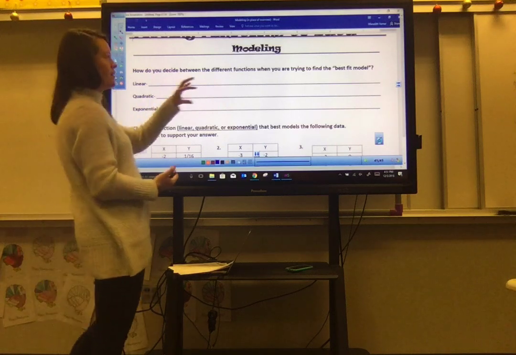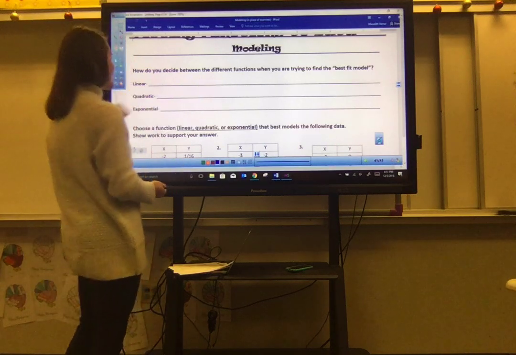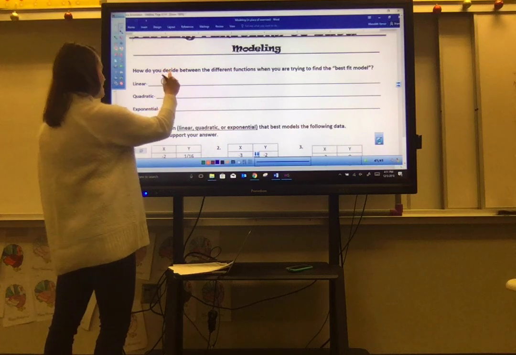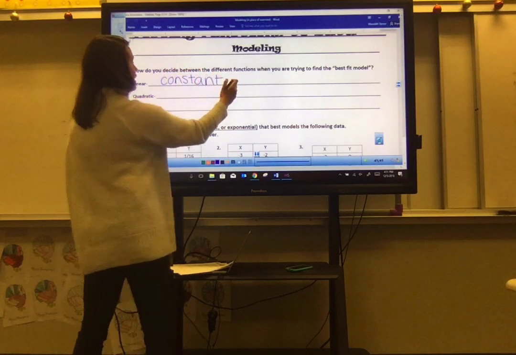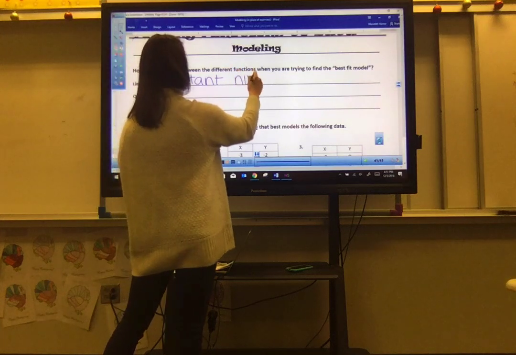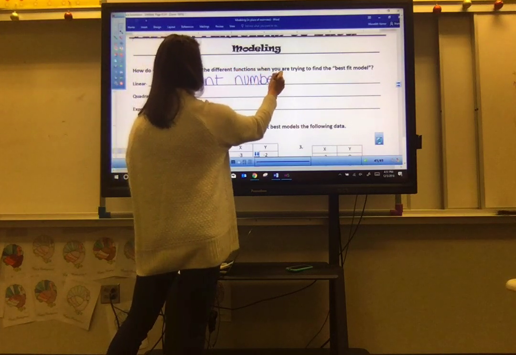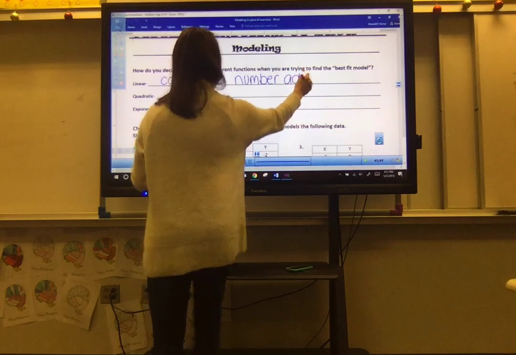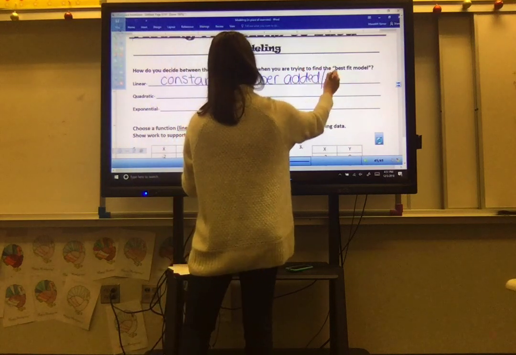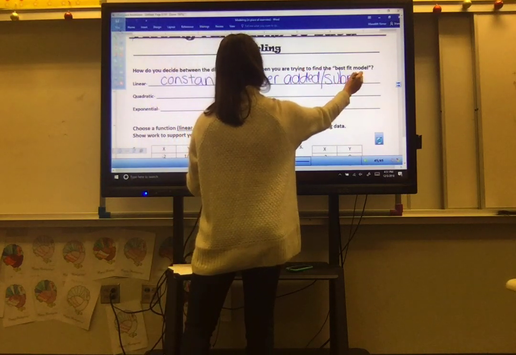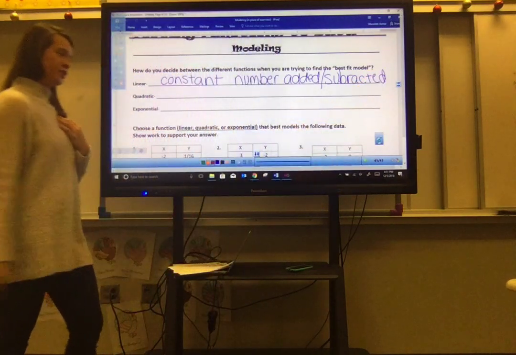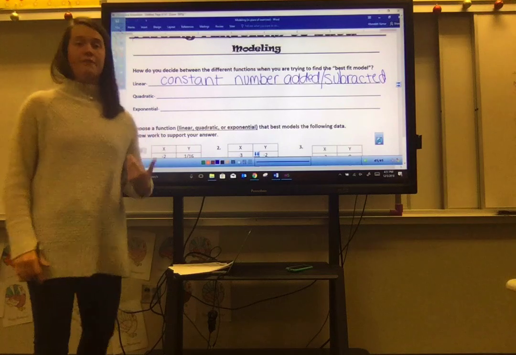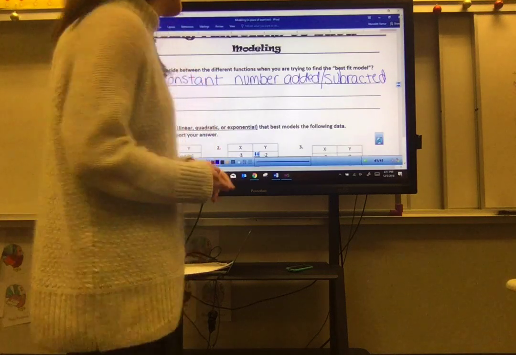So if you are given a table and it is linear, it means that there is a constant number being added or subtracted. So you're going to have something that's being added to every y value or subtracted from every y value.